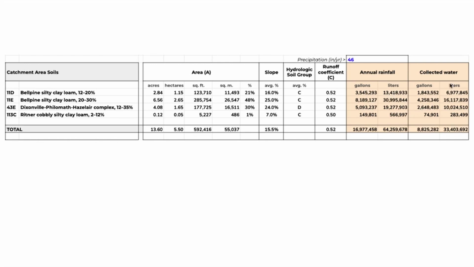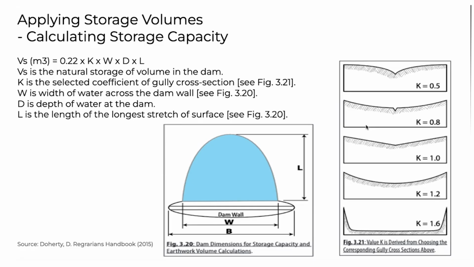In order to determine our total collected water, we multiply annual rainfall in gallons or liters by our runoff coefficient. And that gives us the sum of the collected water from each of these soil types with their own unique runoff coefficients is here. Here's an example of how we can apply these numbers.